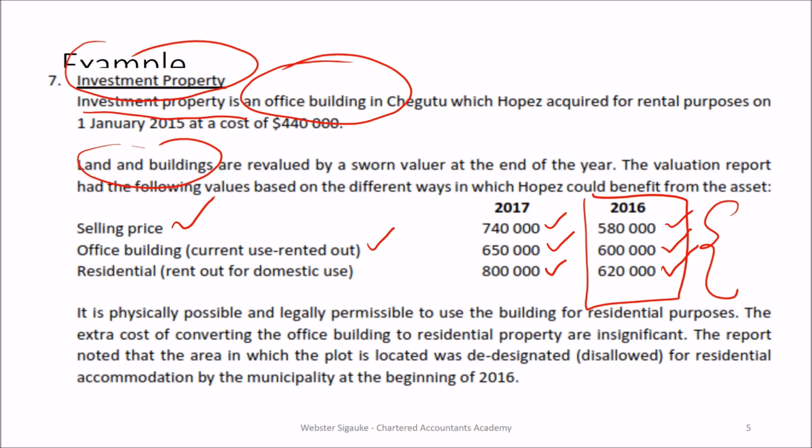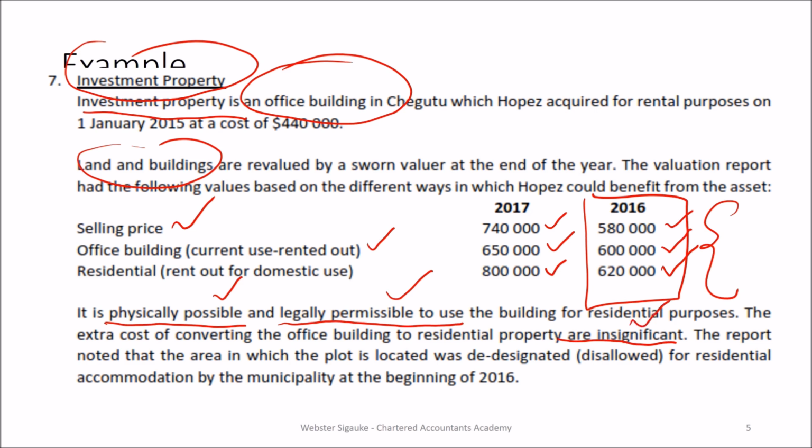And number three, we need to consider if it's financially feasible to convert this office building into a residential. So it says here, number one, it's physically possible. So physical possibility, tick. Then it says it's legally permissible to use the building for residential purposes. So legally permissible, tick. How about financially feasible? The extra cost of converting the office building to residential property are insignificant.